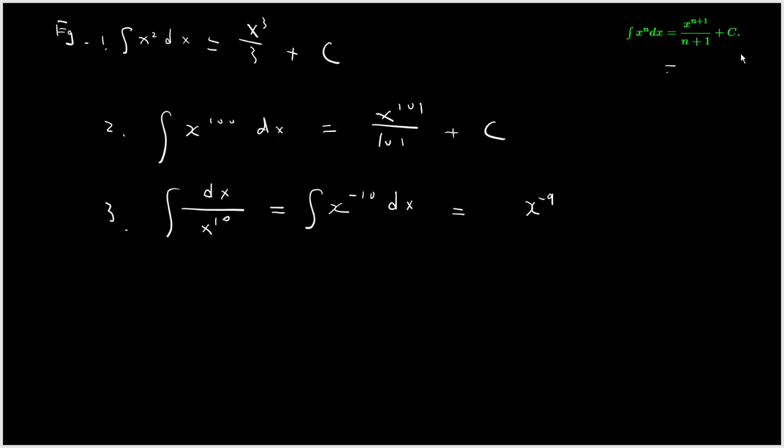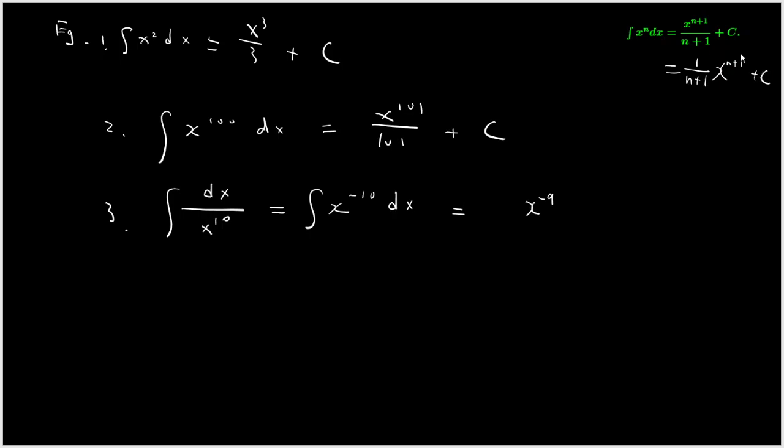Can I rewrite the basic formula in some different form? It's x to the power of n plus 1, and then the coefficient before that can be written as 1 over n plus 1, and then plus c.